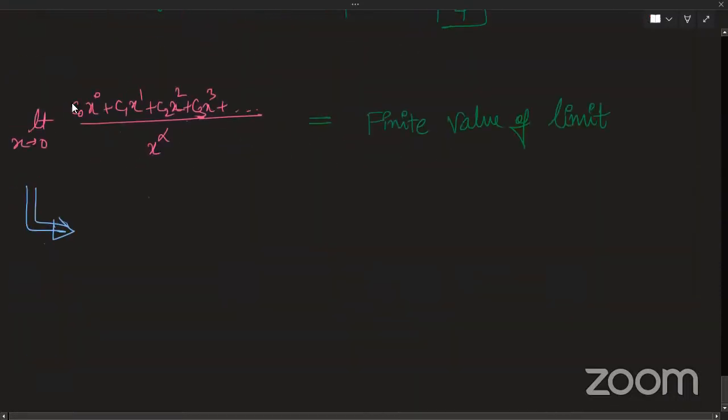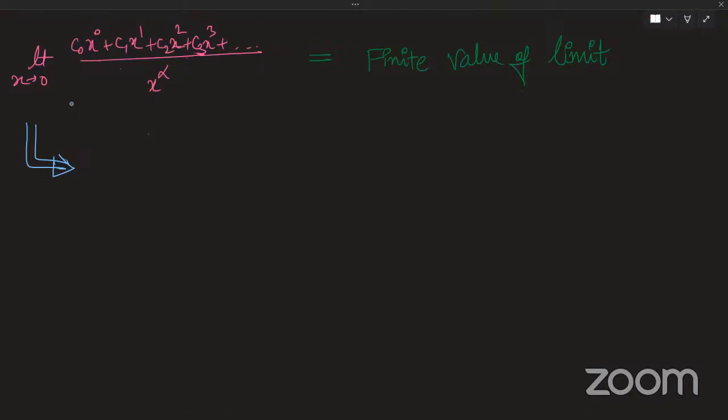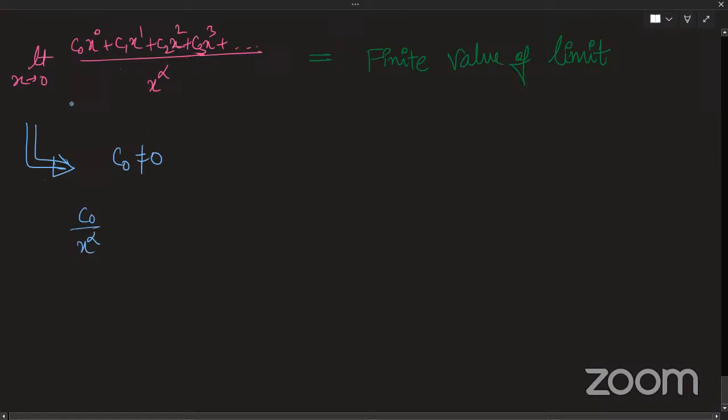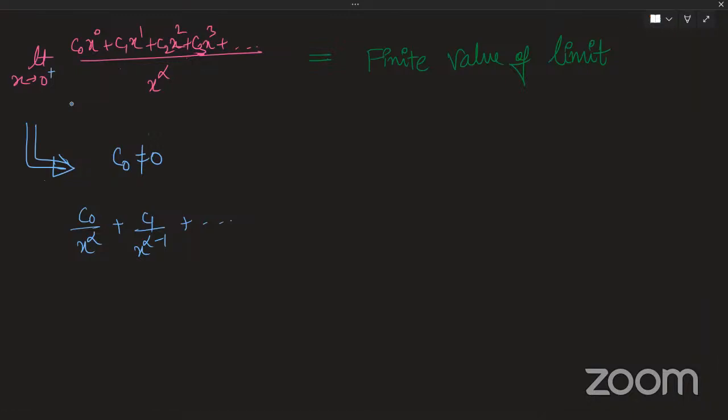For the time being, I will just assume that my C naught is not equal to 0. If C naught is not equal to 0, my first term will become C naught by x raised to alpha, plus C1 by x raised to alpha minus 1, plus something like this. So if C naught is not equal to 0, and x is tending to 0 plus, where is 1 by x tending to?